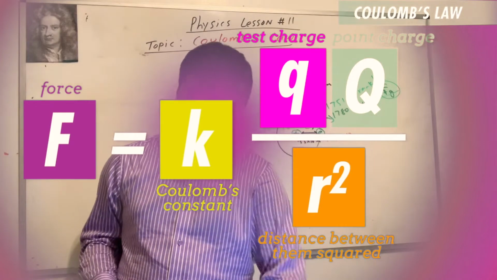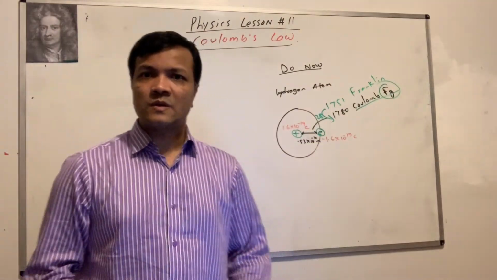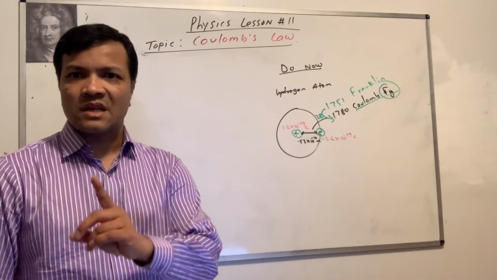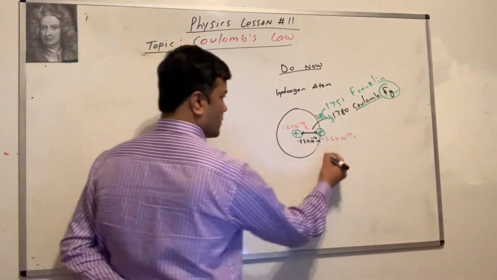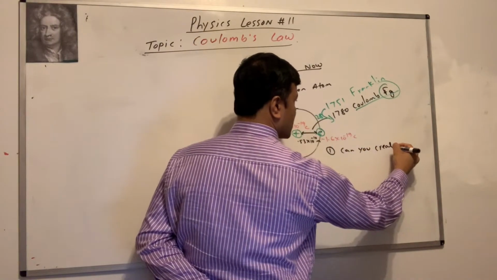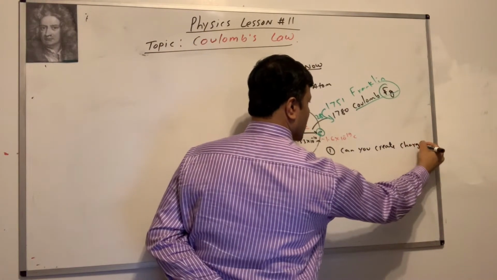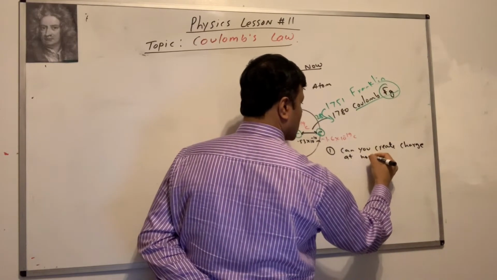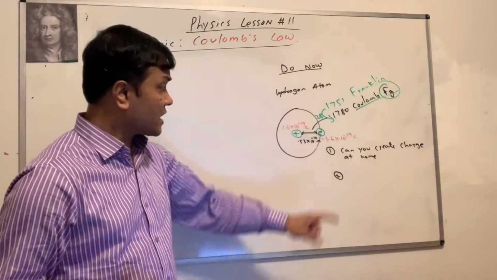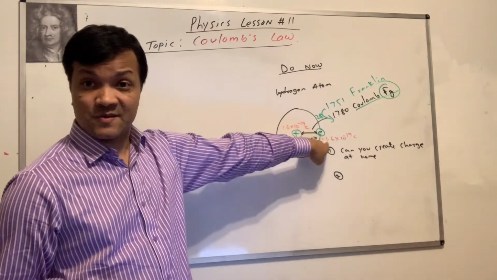That's good. Now, what can you do using this information? Very simple. I'm going to ask you a Do Now question. Number one: can you create charges? Can you create an atom? Number two: if you can create charges, can you create this much charge?